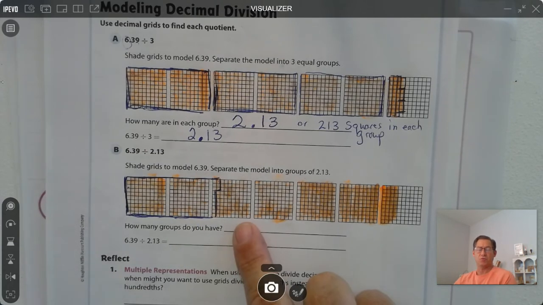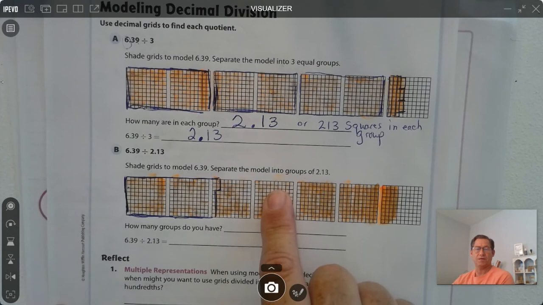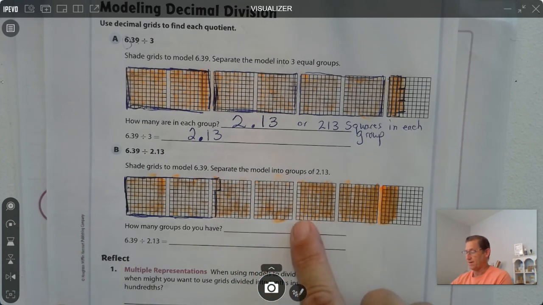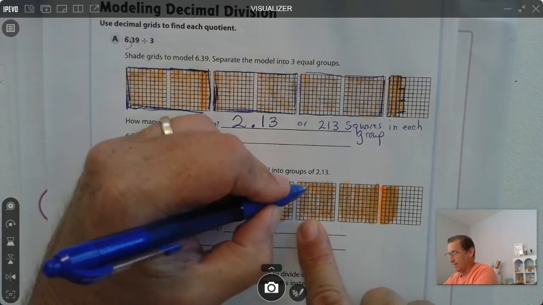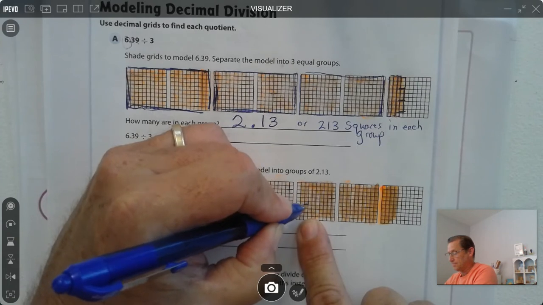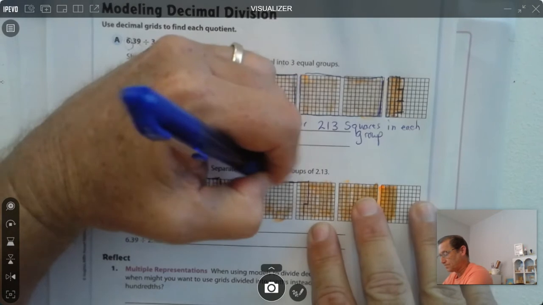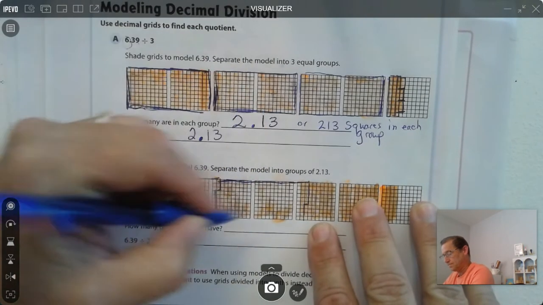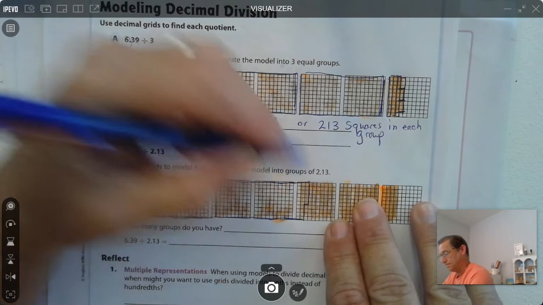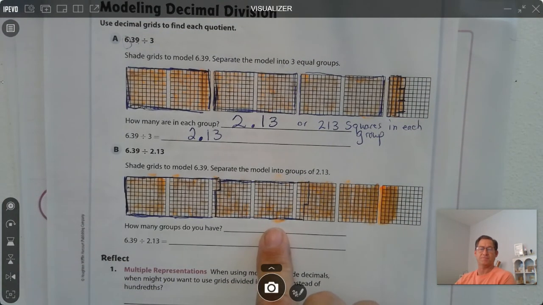Now we need to do another group of 2 and 13 hundredths. Well, if we took 13 hundredths from this 100, that's 87 plus 100, so 187, 197, 207, and then 6 more. Okay, so now we have 2 groups of 2 and 13 hundredths.